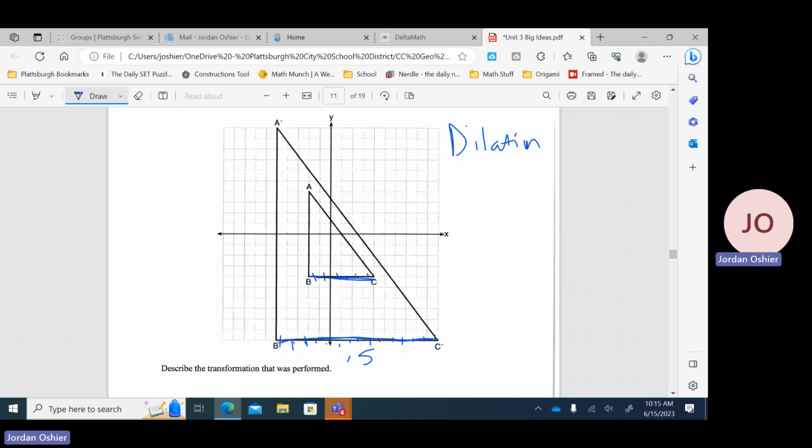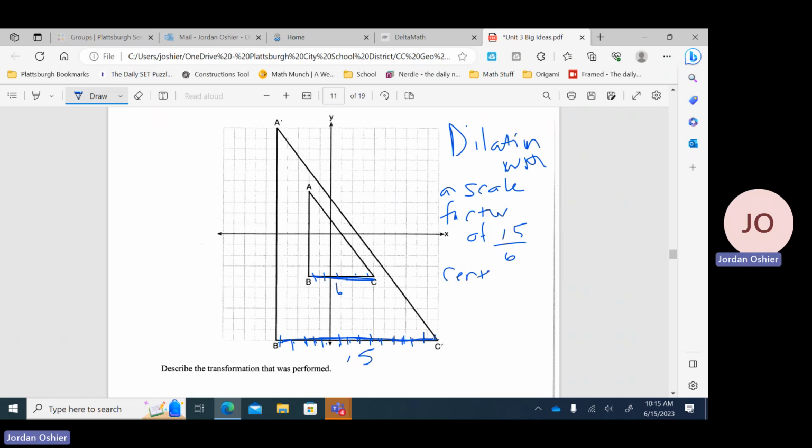That's definitely 15. Okay. So, dilation with a scale factor of 15 over 6, which you can reduce if you want to. I think it would be 3 over 2. It would.